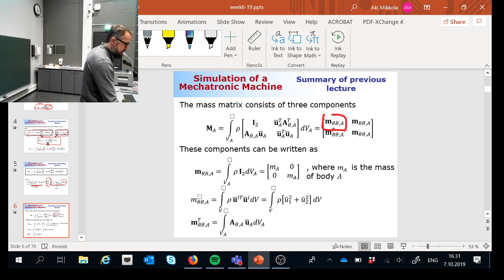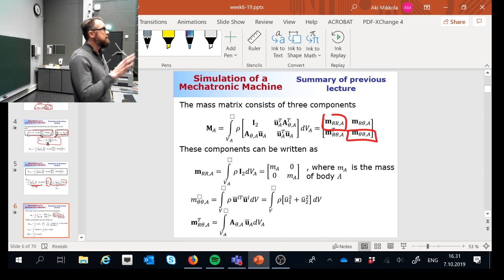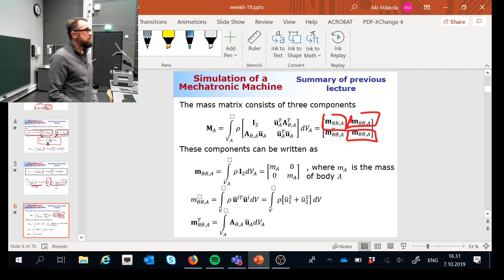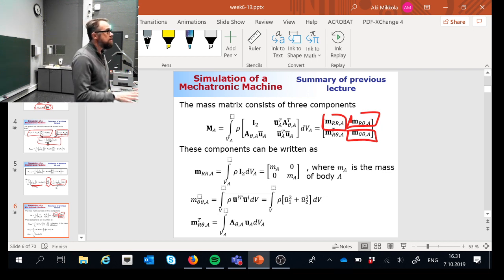And then the second is the mass moment of inertia that is associated to rotational generalized coordinates, the angle theta. And then this component that is located in off-diagonal locations may be non-zero, and it's non-zero if your body reference coordinate system is not located in the center of the mass.